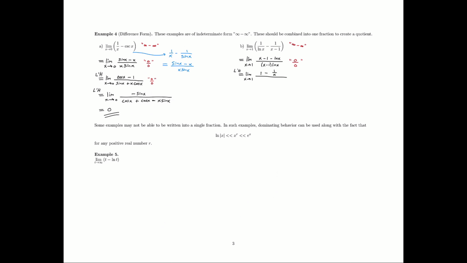Now the derivative of the bottom is 1 times the natural log of x plus x minus 1 times the derivative of natural log, which is 1 over x. So here I'm going to go ahead and simplify things a little bit before we do anything else.